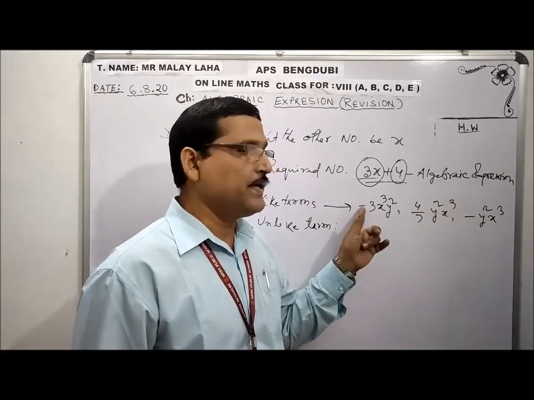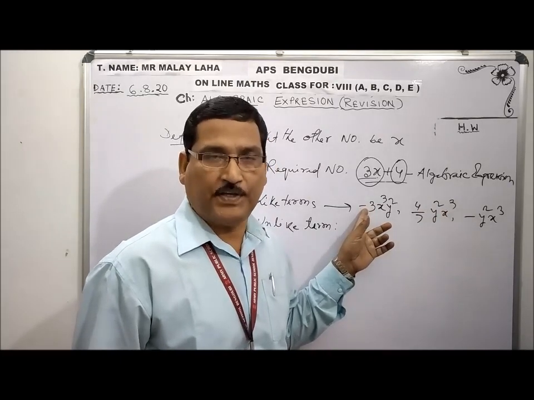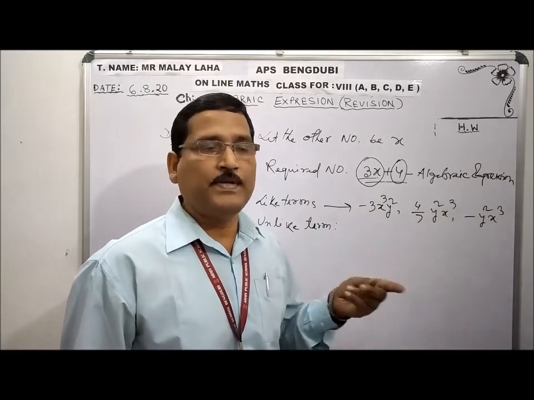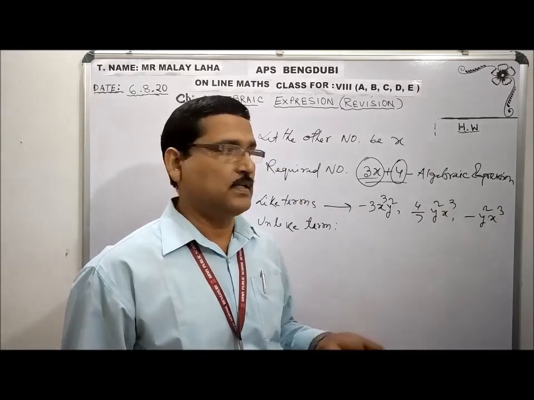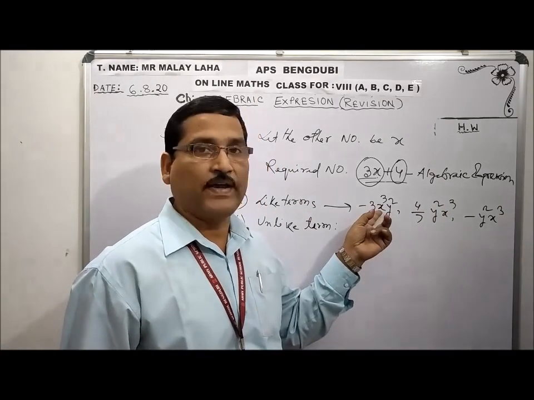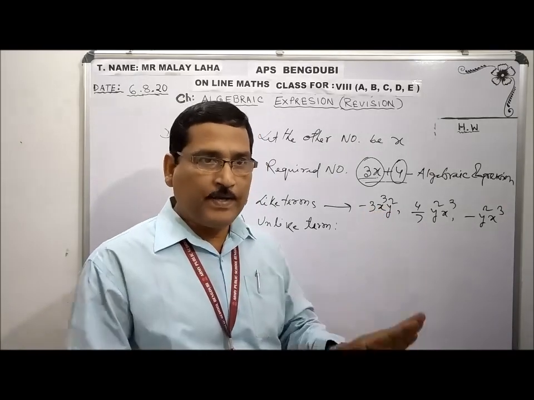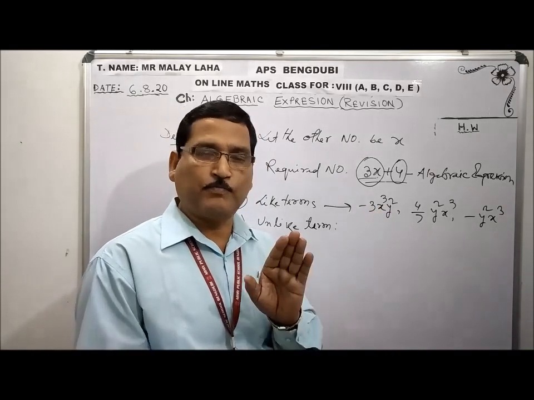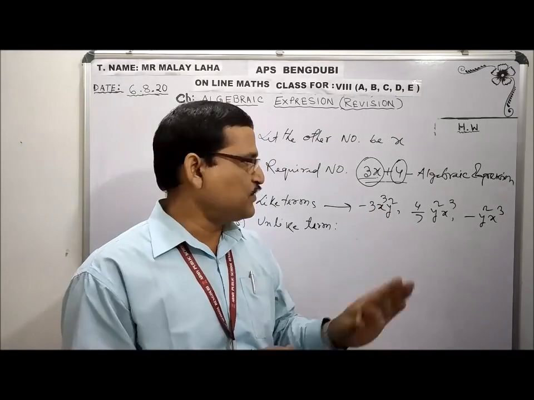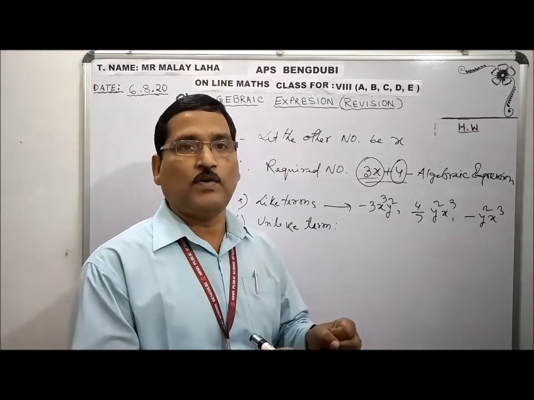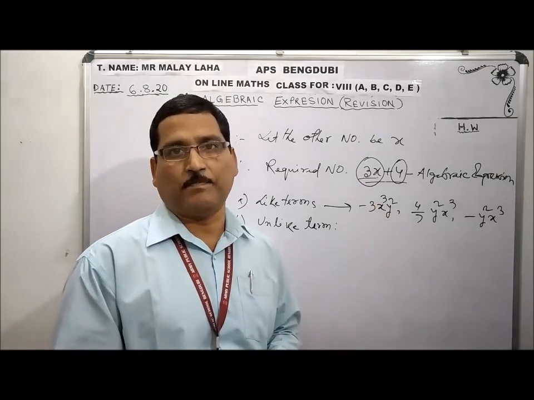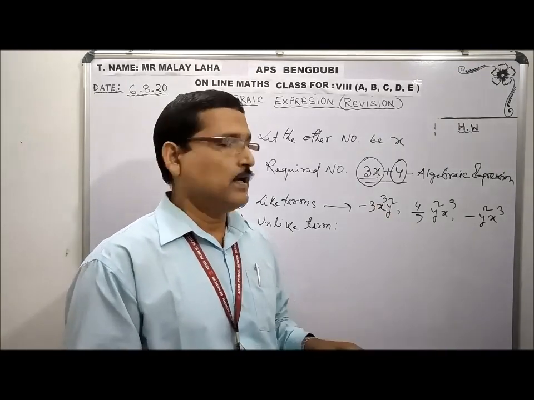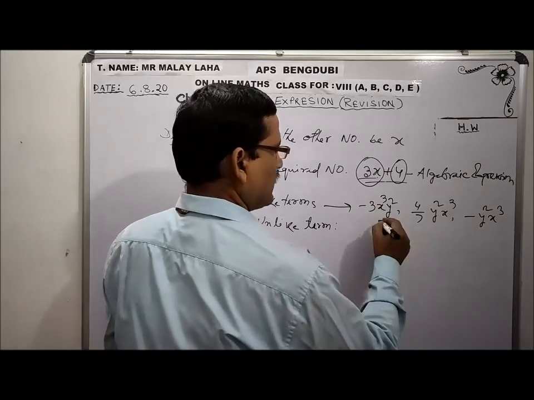What about the sign and numerical factor before it? It does not matter. It may be a decimal number, a whole number, a rational number, whatever it is. Only you have to see the literal factor and power. The position may change, but you only have to see whether they consist of the same literal factor and power or not.